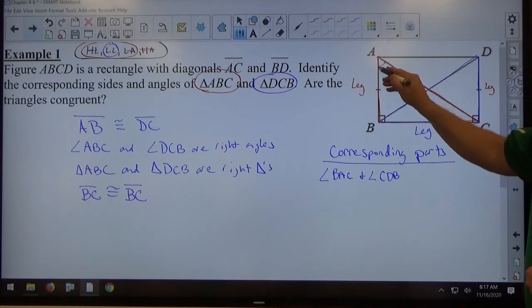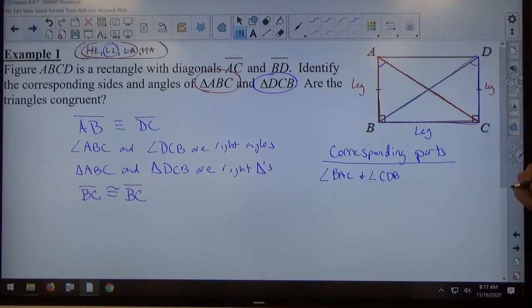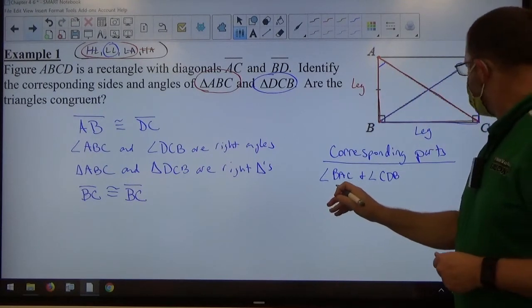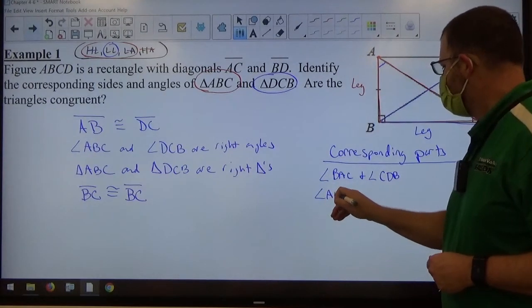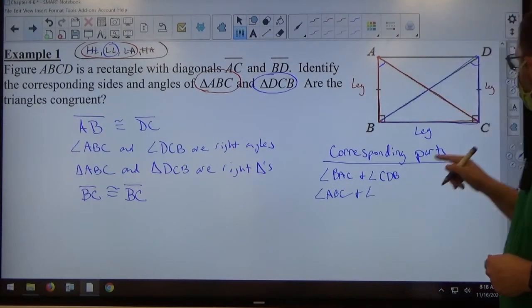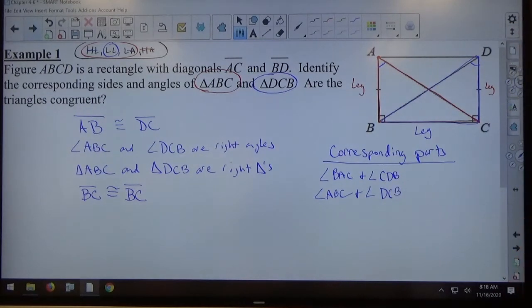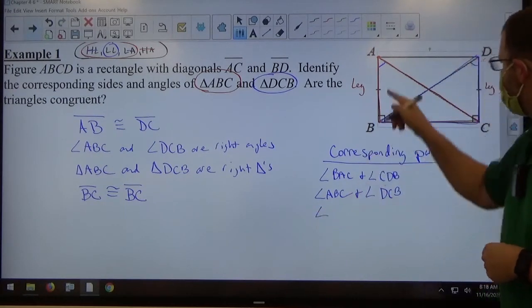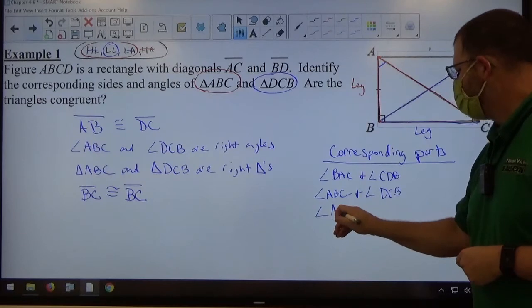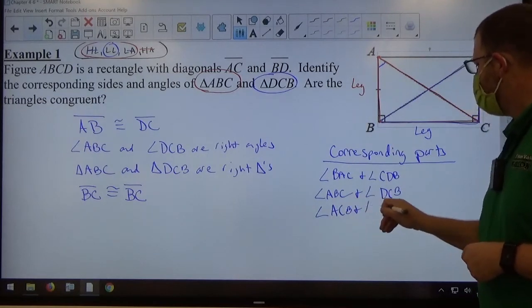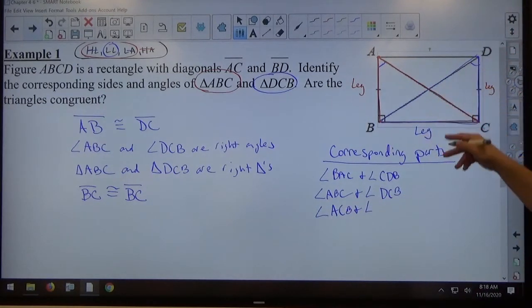That'd be this angle up here, this angle up here. The two right angles, of course, correspond to the angle ABC and angle DCB. And then finally, the angle C and angle B, which would be down here, for the angle ACB and angle DBC.